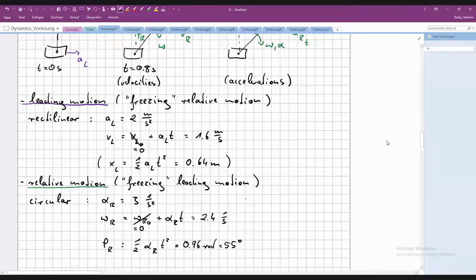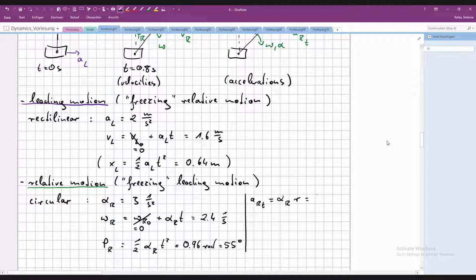I will state it here, because otherwise it moves out of your screen, all my writing. So A R tangential component of the relative acceleration is computed by alpha r times radius, which is r in our case, these 0.5 meters, as given in the problem description.